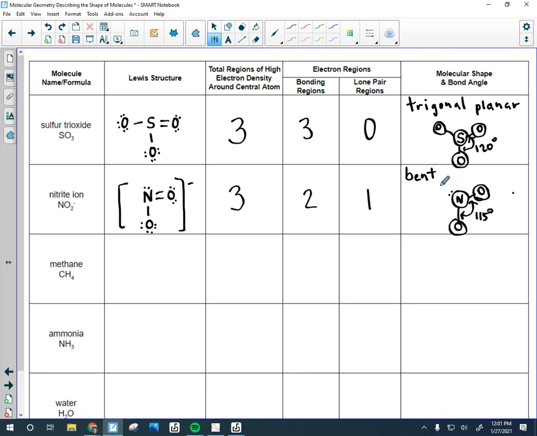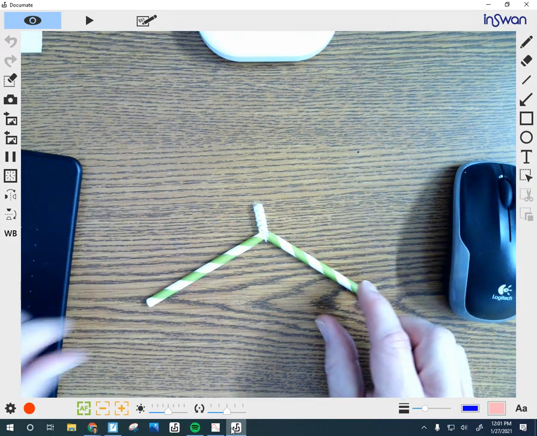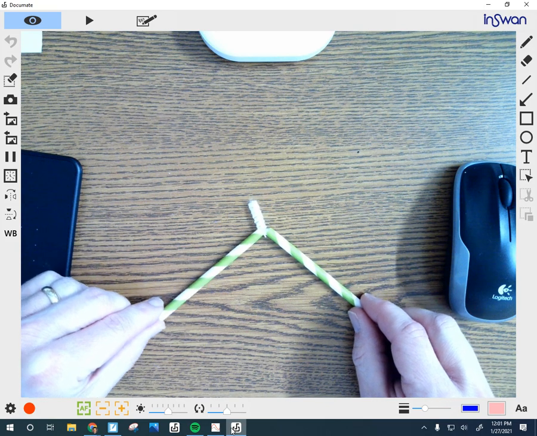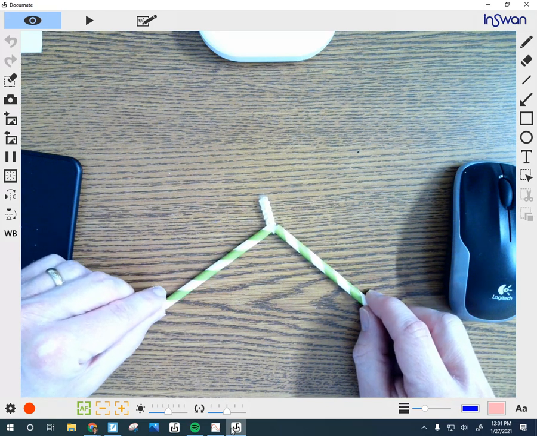So the thinking is that the non-bonding pair has a bigger repulsive effect and squeezes down that bond angle a little tighter than 120. If we think about our models, if this is the non-bonding pair, it has a little more repulsion and takes it from 120 to maybe about 115.